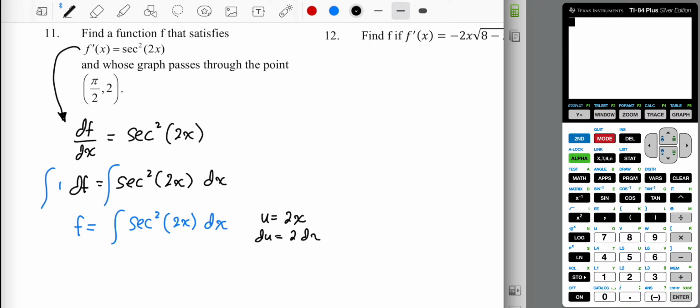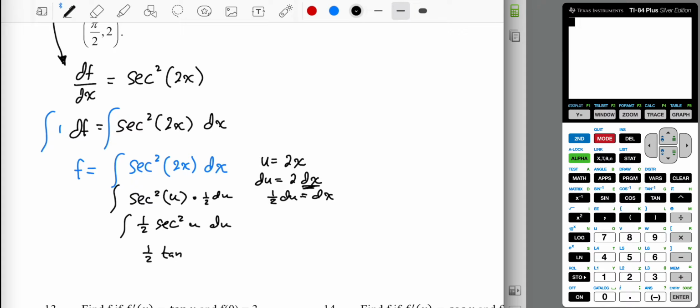I really just want to be able to get rid of the dx, so if I replace that with a 1/2 du, that'll accomplish the mission there. So I'm really looking for 1/2 secant squared u du, which is 1/2 tangent of u plus c. So that's what we're calling f.